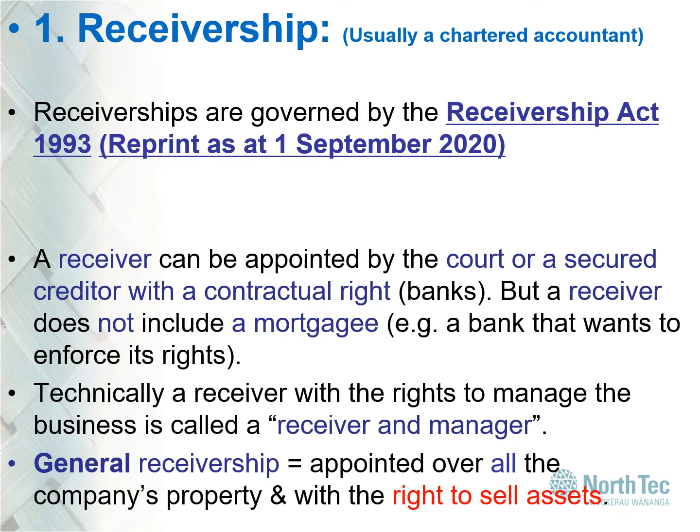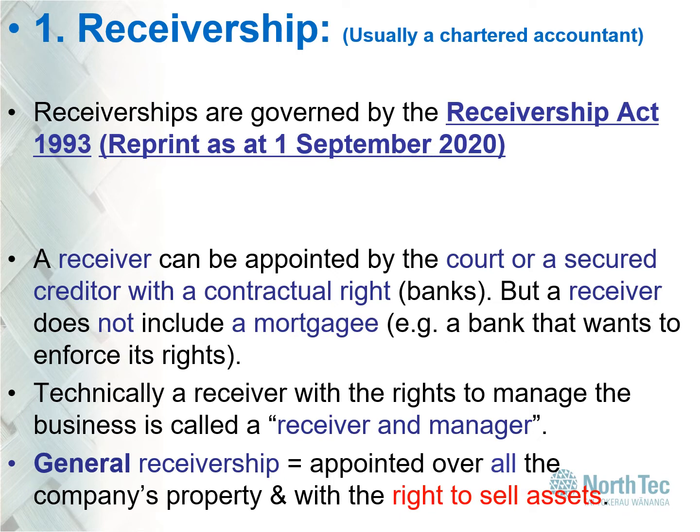Receiverships are governed by the Receivership Act of 1993 as reprinted at 1 September 2020. A receiver can be appointed by the court or a secured creditor with a contractual right, say for example banks. That's where I've worked, and we've often appointed receivers. But the receiver does not include a mortgagee, for example a bank that wants to enforce its rights.